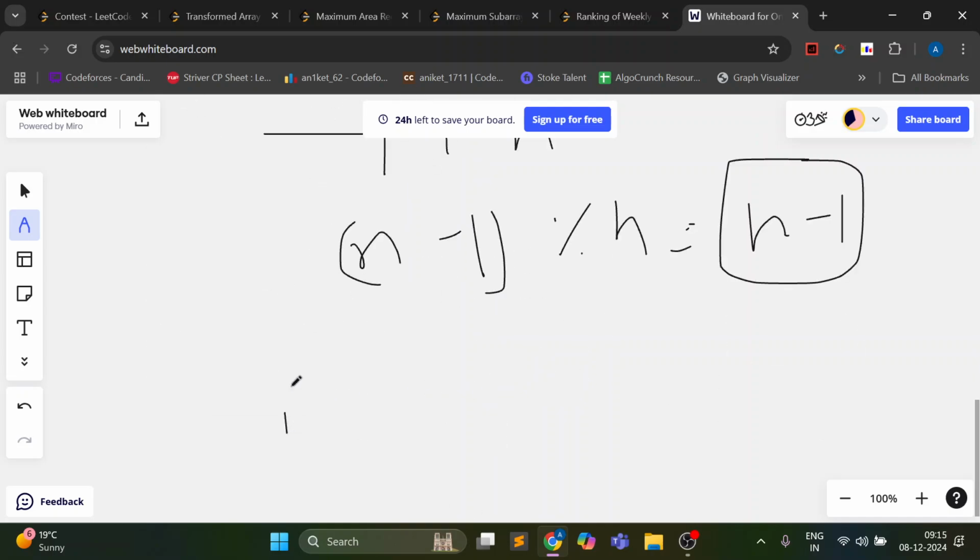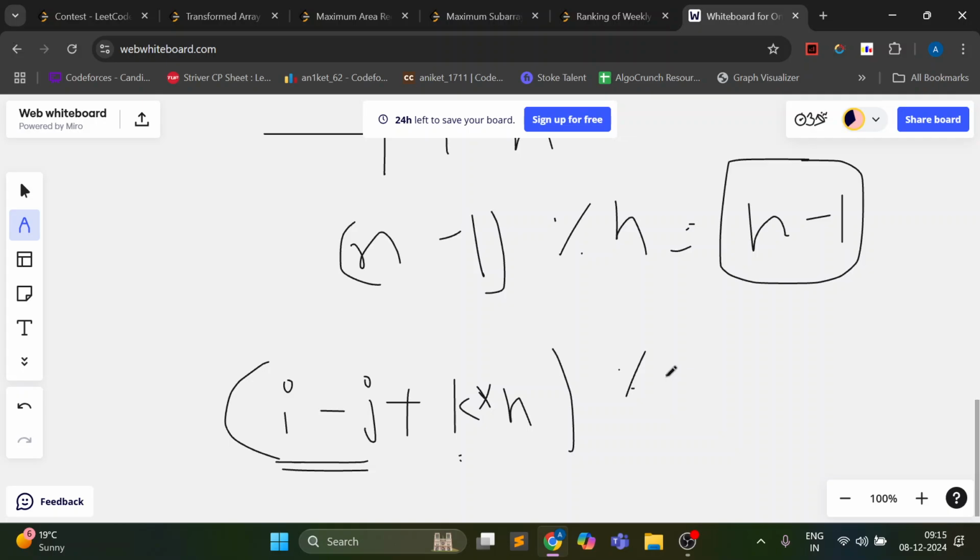So while going to the left, you just take i minus j, add k times n, where k is a constant such that it always makes this value positive, and then take its mod with n.